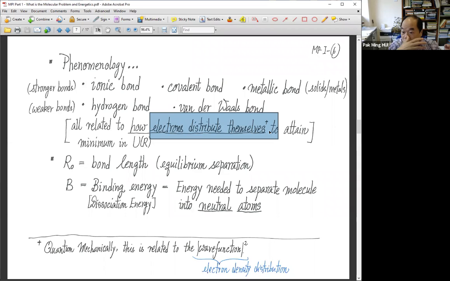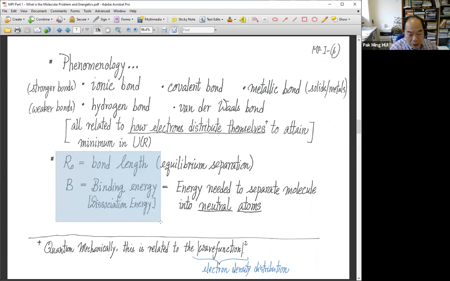If the distribution is more or less very fair between the two sides, then you will have covalent bond. It is a result rather than a predetermined thing. We are talking about covalent bond. It is not an educated way to do it like that, okay? So this is the point I want to point out.